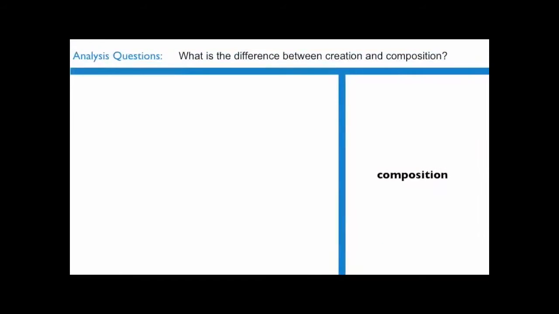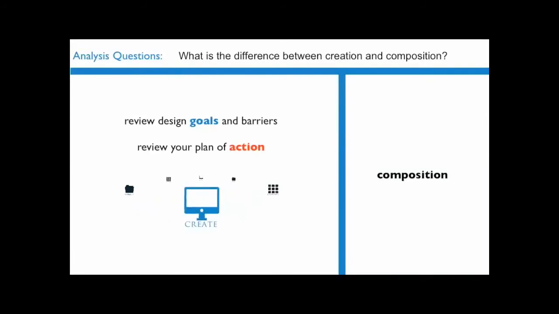One of the first things you should do when you start the composition phase is to review your design goals as well as the design barriers as they relate to your design problem. This is a critical step because what you're essentially doing is going back and reviewing your plan of action, and that will put you as well through the process of curating, creating, and composing all over again.